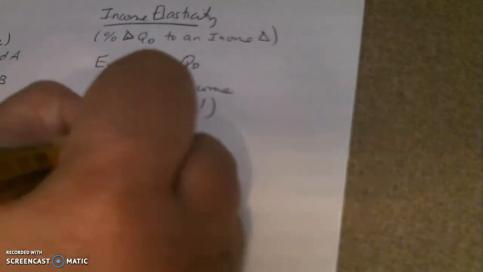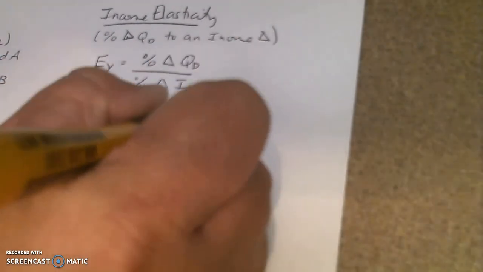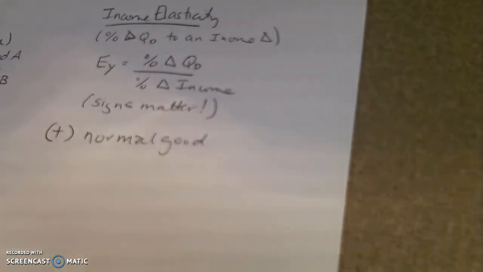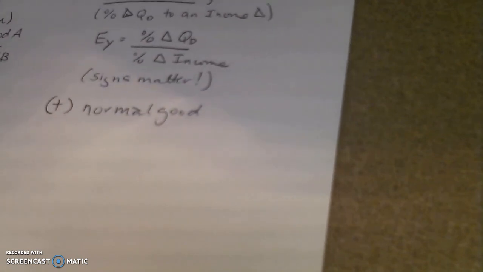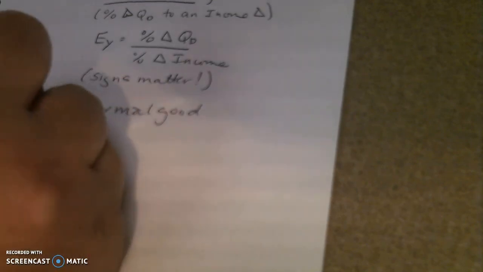Now remember, a normal good is one that if your income goes up, you purchase more of. So that has to be true, right? Up and up, they're moving the same direction. But if my income drops, I don't have as many goods there that I'm purchasing. An example here would be like filet mignon, shrimp, lobster, eating out, dry cleaning. All of those would be normal goods or services that we use out there.